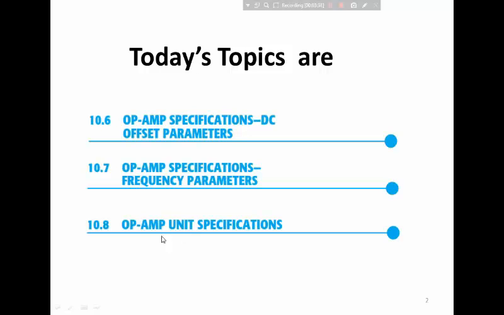And lastly, we will see the data sheet specifications of a particular op-amp, in which a special case of the 741 op-amp will be considered.